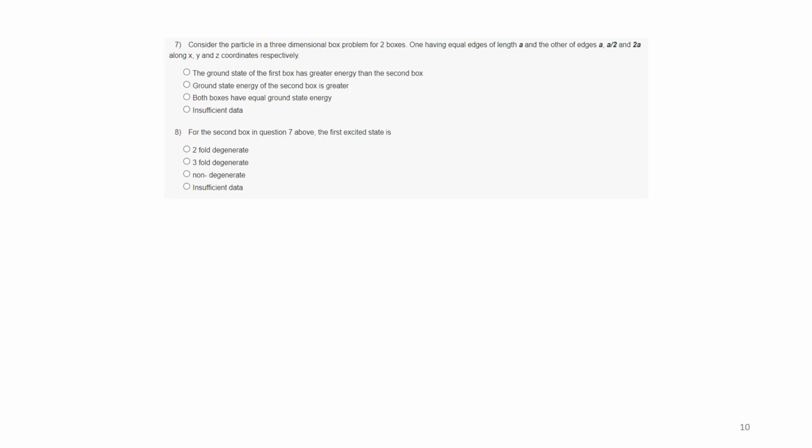You guys already know the answer, right? Yes, it should be non-degenerate because the lengths are different. If the lengths had been the same, then it would have been threefold degenerate, with states 1 2 2, 2 1 2, and 2 2 1.